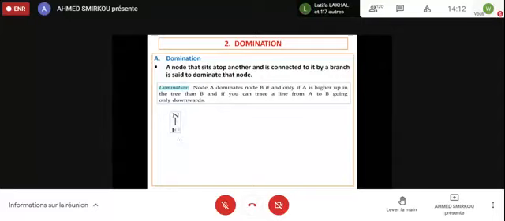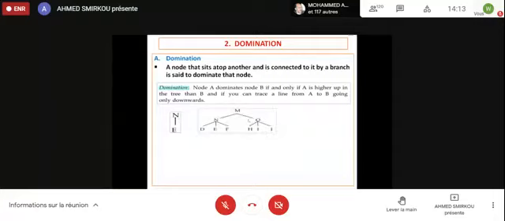Very simple. It's a relationship between the mother and the daughter. So N here dominates E because N is higher up in the tree than E, and we can trace a line from N to E downwards.